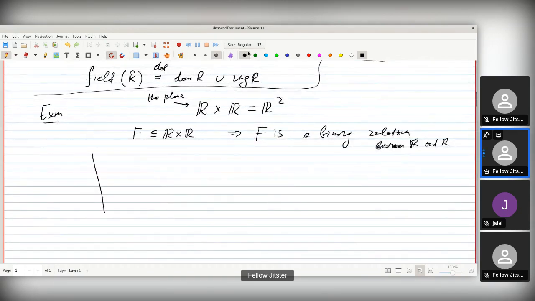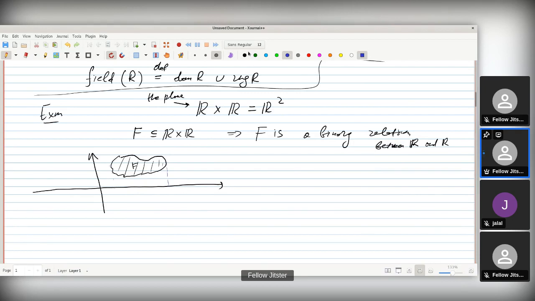But what does it mean? What are its domain and range? Consider some set F, some geometric figure, a subset of the plane. What is its domain?